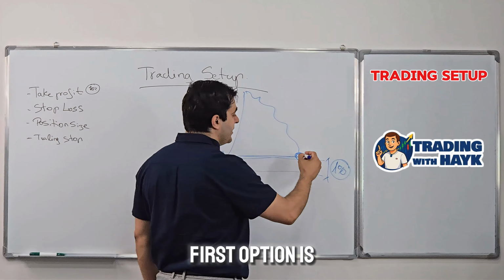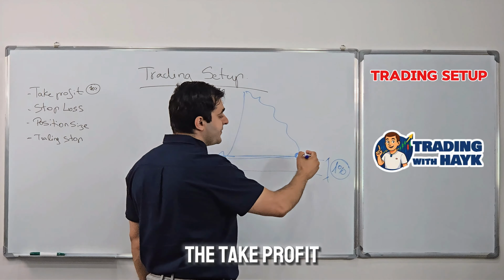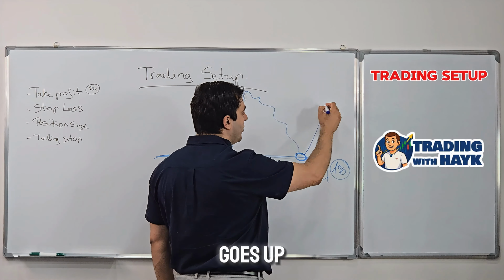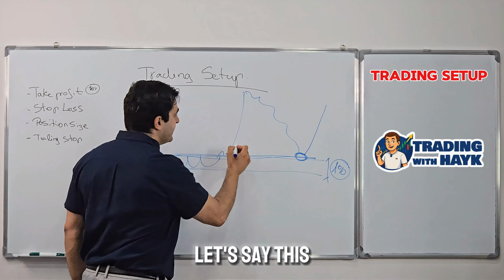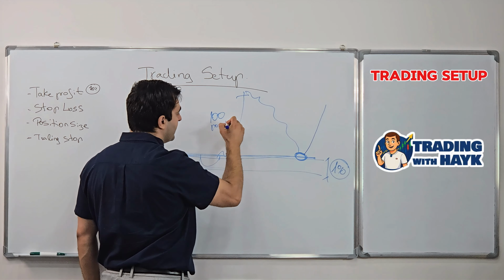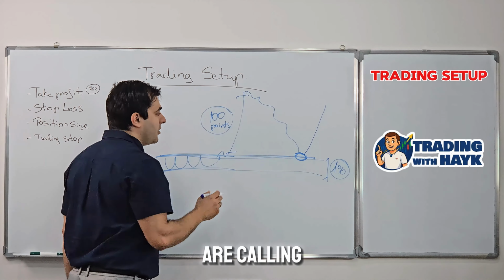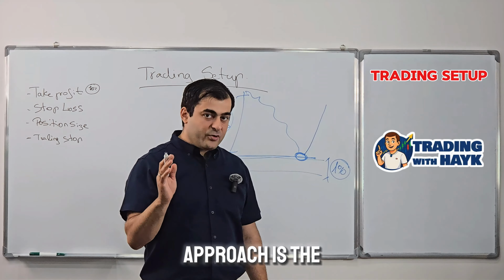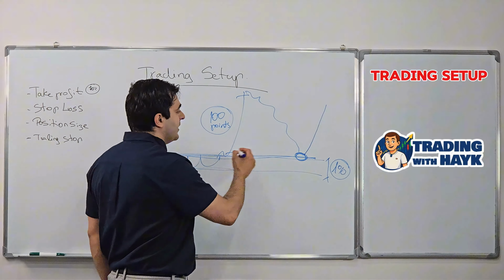So, risking 1%, we have two options here. The first option is the take profit. Whenever it goes up, let's say this is 100 points, pips, whatever you are calling it, the way I approach it is the following.